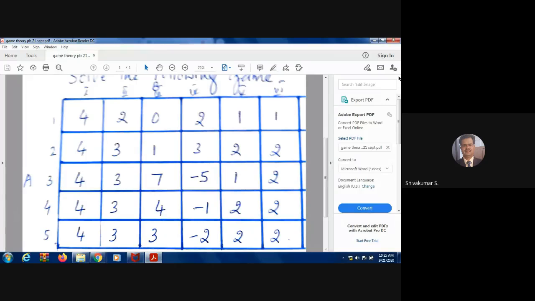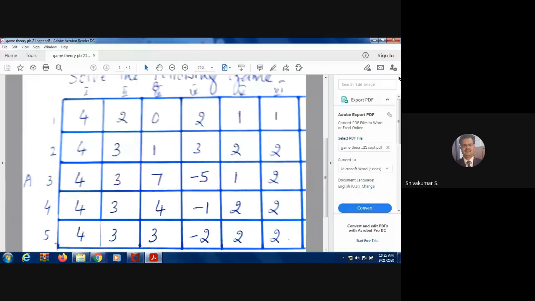Now column 2: you have 3, 3, 3. Column 6 has 2, 2, 2. So column 2 values are dominated by column 6. Delete column 2. Now column 6 has 2, 2, 2 and column 5 has 2, 1, 2.